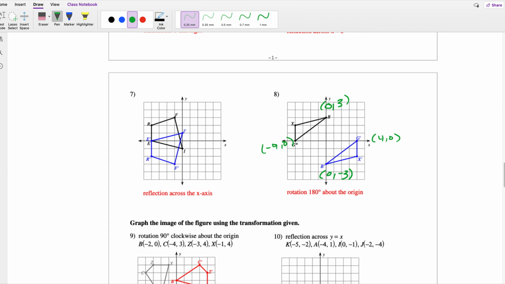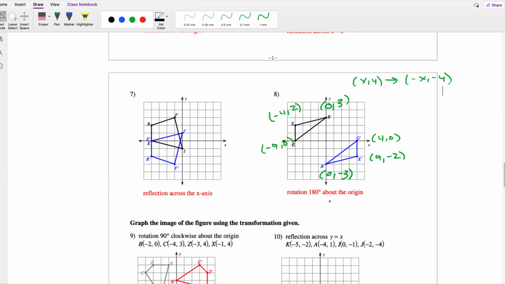And then X is negative 4, up 2. And so this should be positive 4, negative 2, right? If we're following that same pattern where x, y becomes negative x, negative y. That would indicate a rotation of 180 degrees.